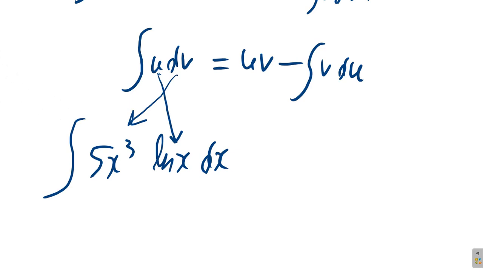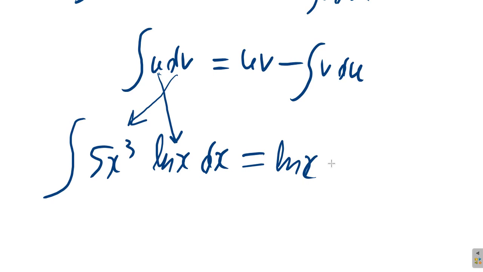Alright? So what happened now? This is equal to u, which is ln x, times v. Now dv is 5x cubed. When you go from dv to v, you're going to integrate, right?